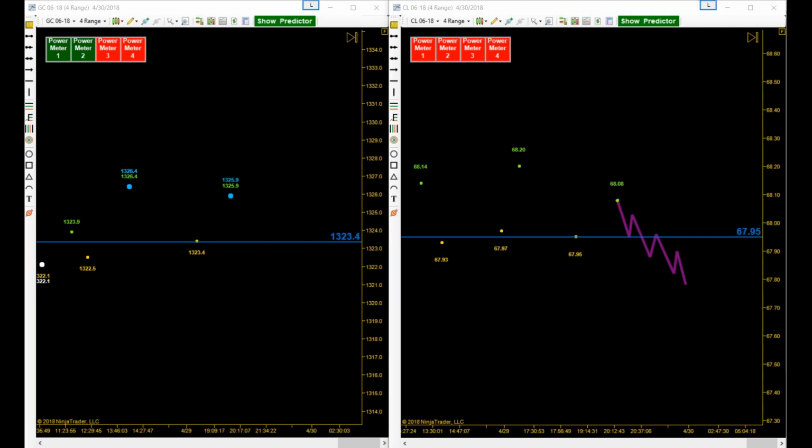Let's go ahead and I'm going to get both charts on here so you can see we've got a gold and crude. Bear with me one second, I'll get them both up. I think I've got them both on a 4 range. Let me find out. Gold, gold, gold, gold. Gold's actually on a Renko, so I'm going to draw a gold chart real quick.